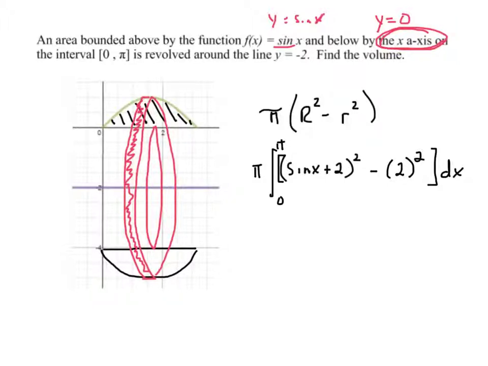If you think about it, the big radius is sine of x plus 2, and the little radius is 0 plus 2, then it starts to make sense why there would be 2, but it's hard to see that on first read of the problem. So you just have to be careful when you have shapes that are being bounded by the axis like that, that you remember that the axis serves as one of the functions.